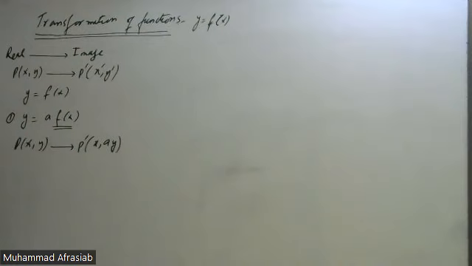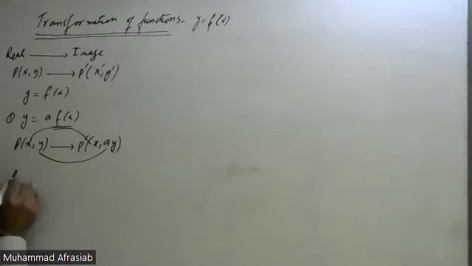This means the x coordinate retains its position, whereas the y coordinate is changed by a multiple of a. So x, y will be changed to this point P dash, x and a y.